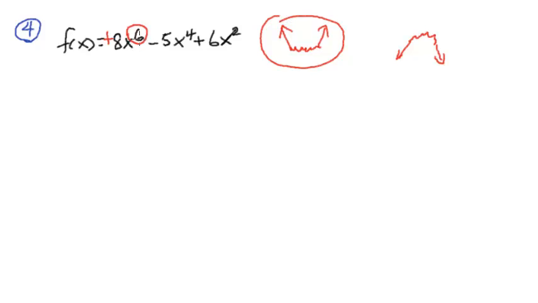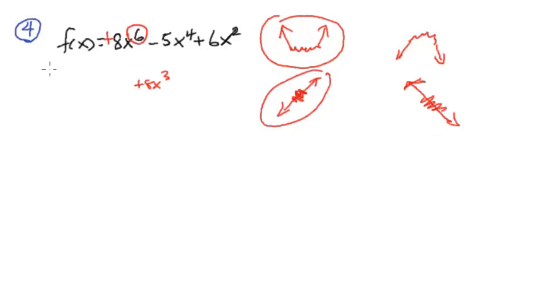If this was an odd number, like ax to the third, then they would have to go in opposite directions, and something's going to happen in the middle. Since this is positive, it's going to have a positive slope like this. If it had a negative in front, it would have a negative slope.